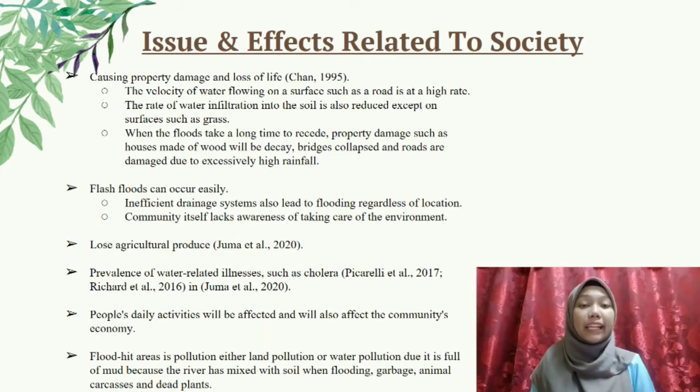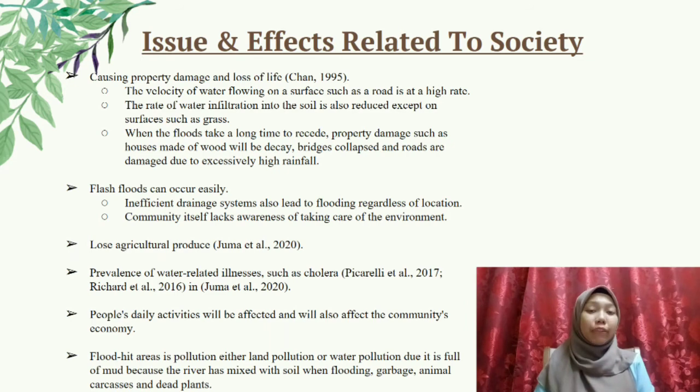Now, many drainage systems have problems and are ineffective in Malaysia. It is because the community itself lacks awareness of taking care of the environment. Some individuals still throw rubbish everywhere until the drainage system clogs, and then flood, especially flash flood, can occur in urban areas or any location.